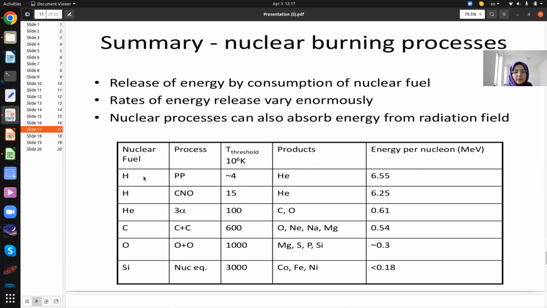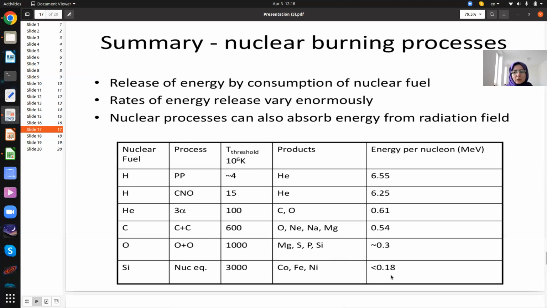And you see, when we have, for example, hydrogen, we have the PP chain, and the product is helium. The temperature is low, but the energy per nucleon is high. And when it increases until silicon, the process is nuclear statistical equilibrium, the temperature threshold is 3000, and the products are heavier, as you see Co, Fe, and Ni.